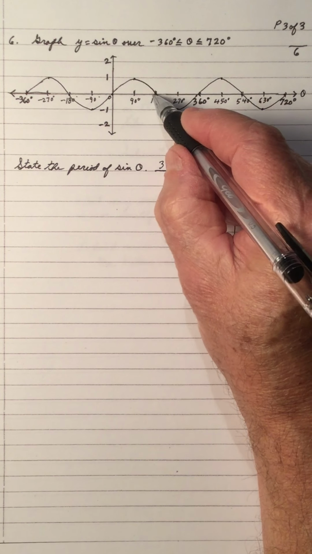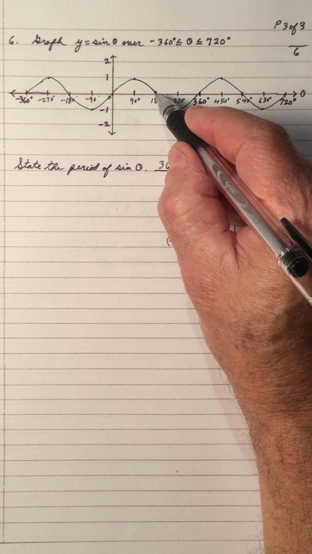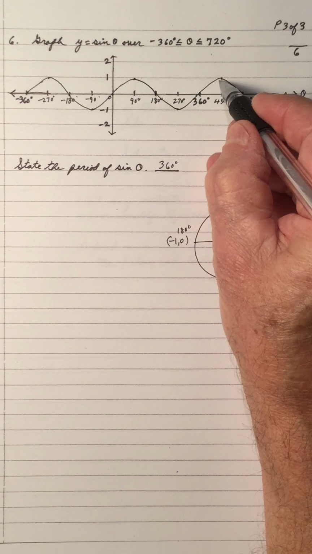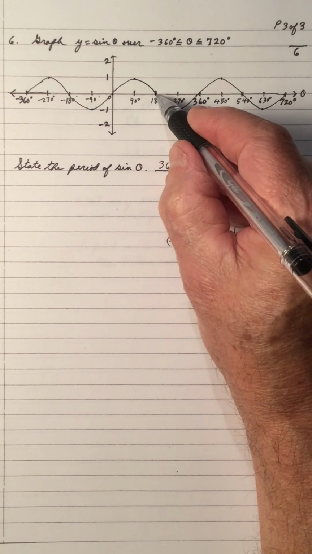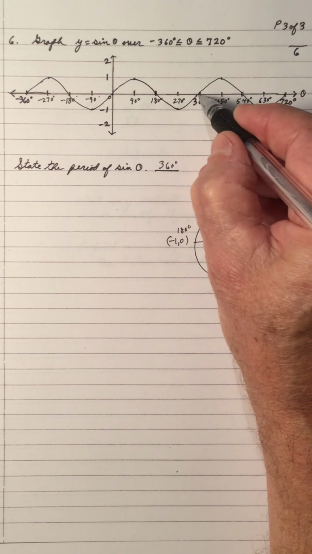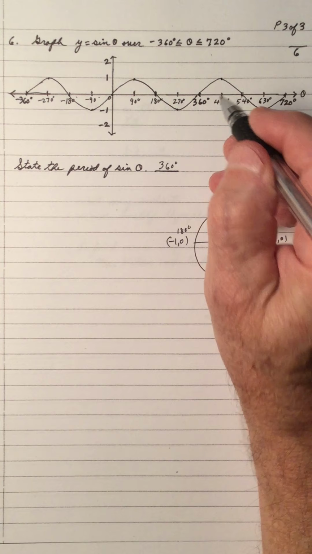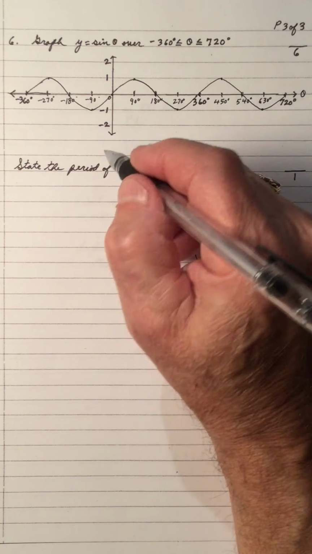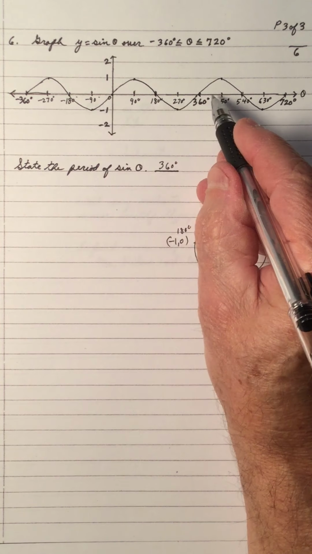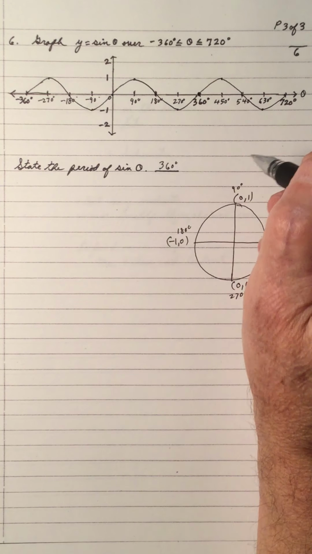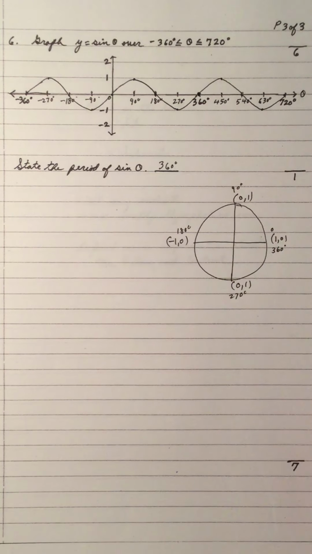It's one cycle. So you start at 0, you go down to -1, 0, 1, 0. The sine graph is a sideways S. So the period is 360 for sine. After 360 degrees, you will start the cycle over again.